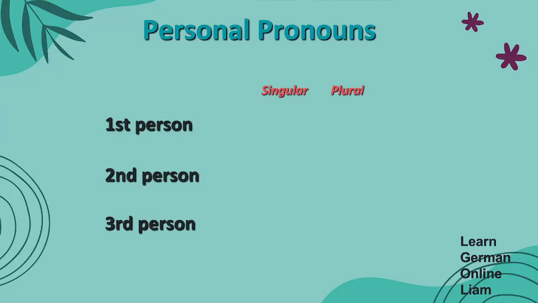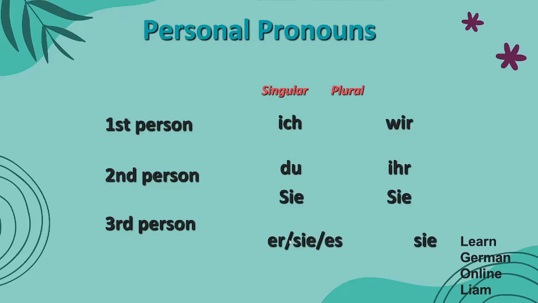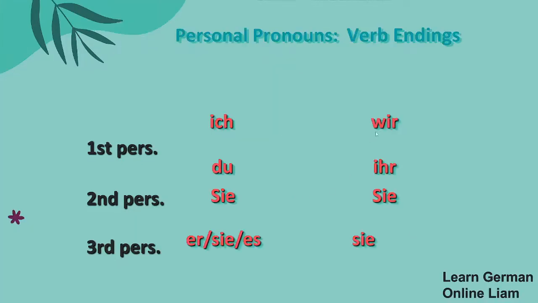Let's put everything together: first person, second person, singular. And what if I talk about more people? Then I'll use er, sie, es in the third person, as we have already seen, and in the plural form it will be sie. Sie is the easiest form, as I said, and combined with it wir as well.